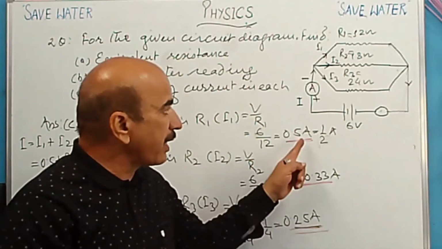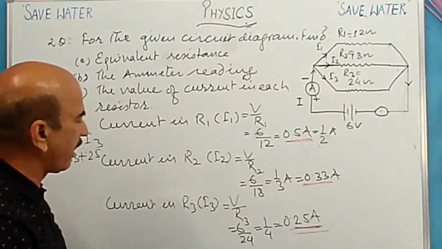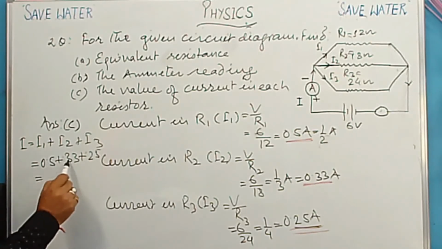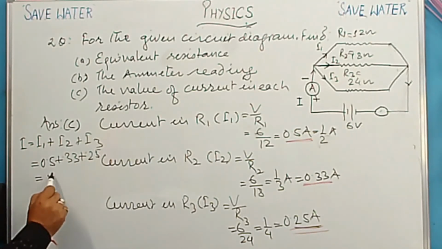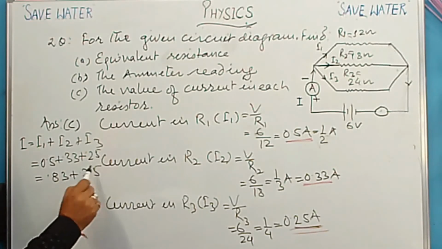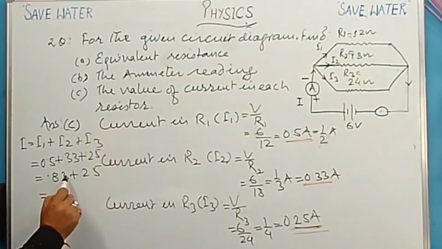जितना पहले केस में करंट था उतना ही करंट इसमें अभी आ रहा है. देखिए ऐड करते हैं इसको. So here 0.5 and 0.33 plus 0.25 and here इसको सॉल्व करेंगे. तो 5 and 3 8 and 8 and 2 10 and point is after 2 digits.